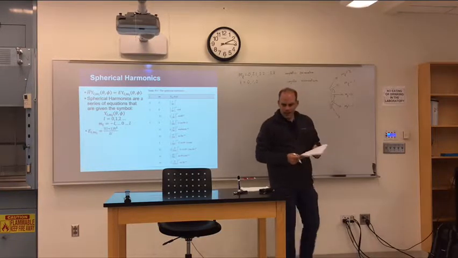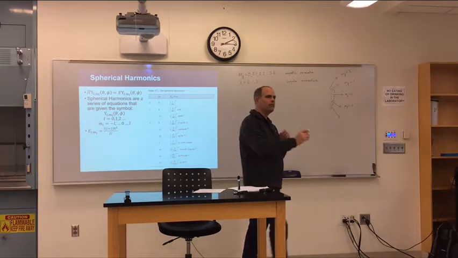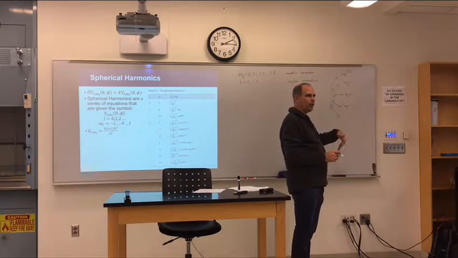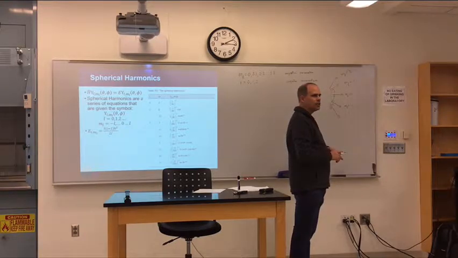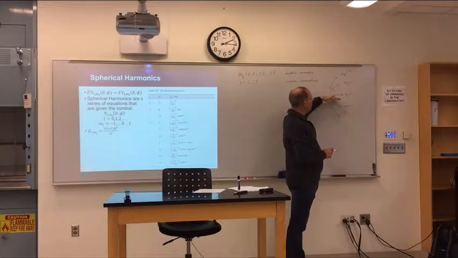You could take a spinning top and orient it however you want. But on the quantum level, you can either have it horizontal or at an angle that corresponds to ml equal 1, ml equal 2. There are only specific values that it can be.